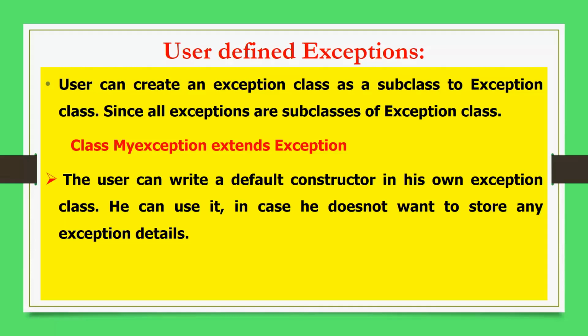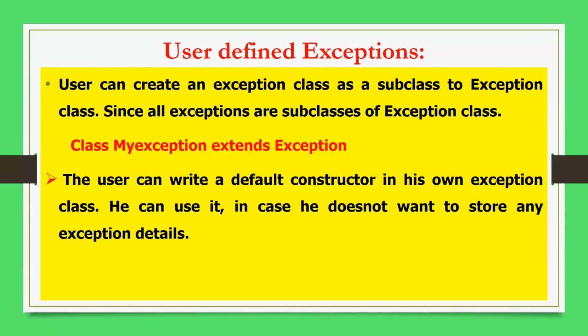You may think, why user-defined exceptions? Because sometimes the built-in exceptions in Java are not able to describe a certain situation. In such cases, like the built-in exceptions, the user can also create his own exceptions, which are called user-defined exceptions.